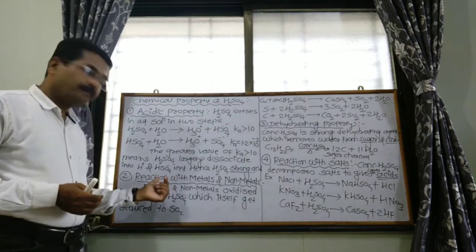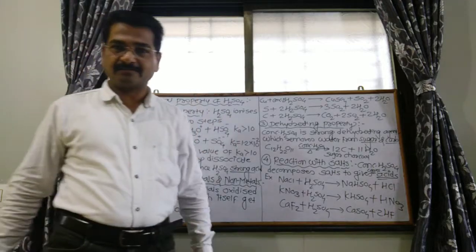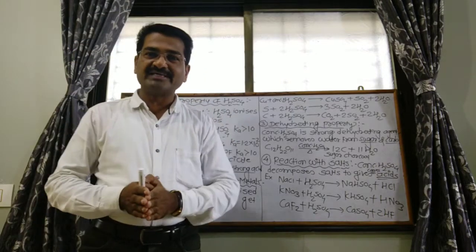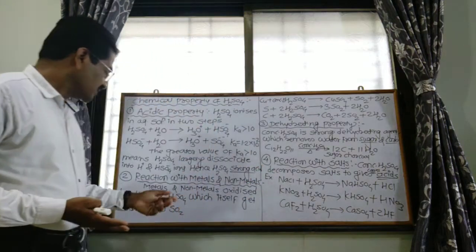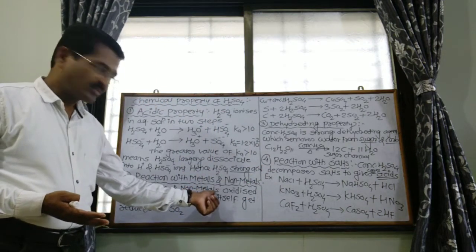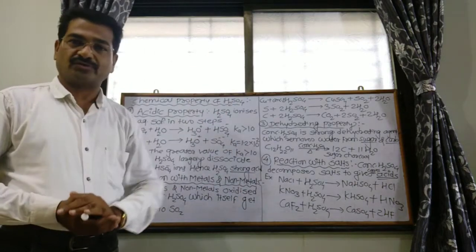Second chemical property, reaction with metals or non-metals. What is the reaction of sulfuric acid with metals and non-metals? First of all, metals and non-metals are oxidized by hot and concentrated H2SO4.